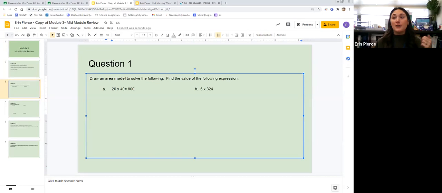So let's try out the next one. We have 5 times 324, and we did an area model like this for the first time on Monday.